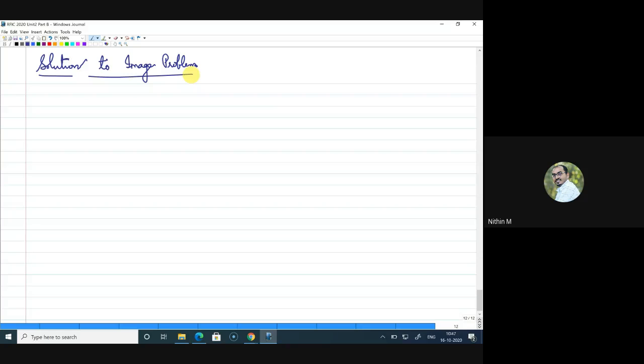As Divinathan suggested, generally we go for some filter. To suppress images or image frequency, the common approach is to employ filters before the mixer.